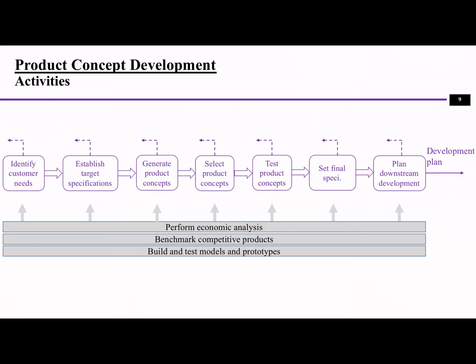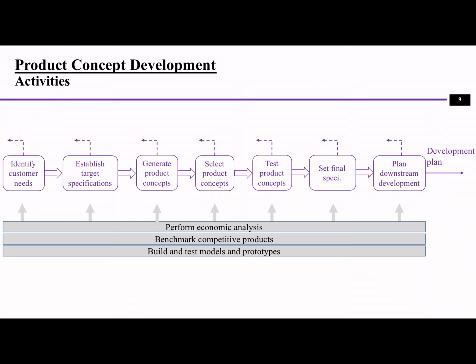Product design. So after we establish target specifications, we'll generate product concepts, and then select one or a few product concepts, and then test those concepts, and then design the final specifications, right? And then after that you're probably going to do the prototype, and then develop the final product.